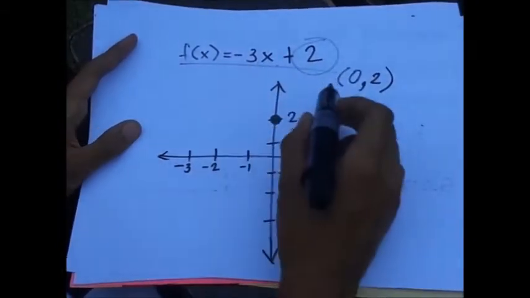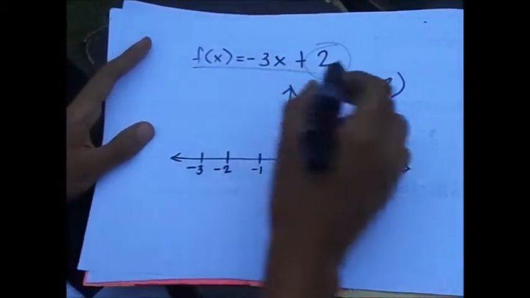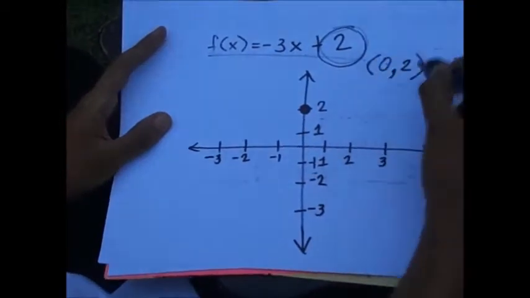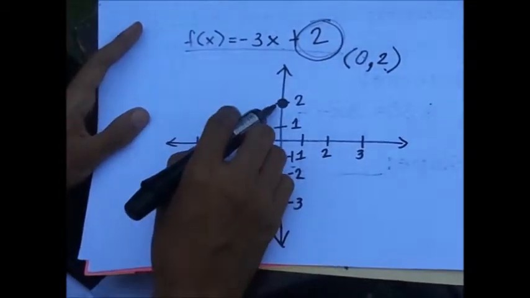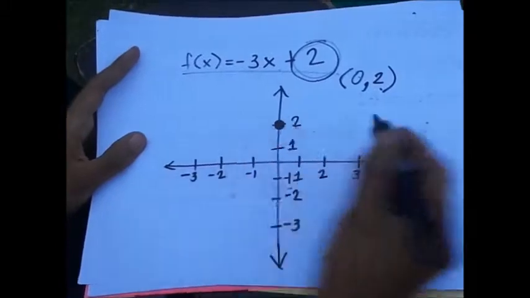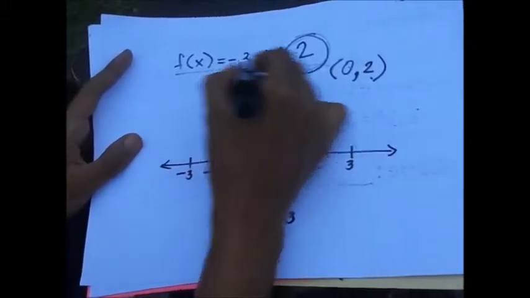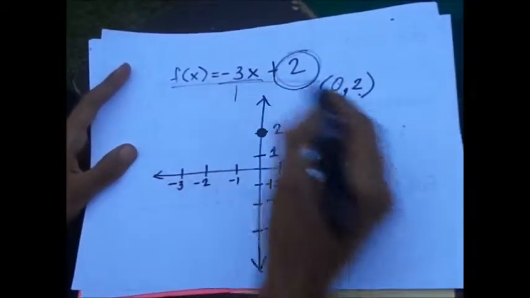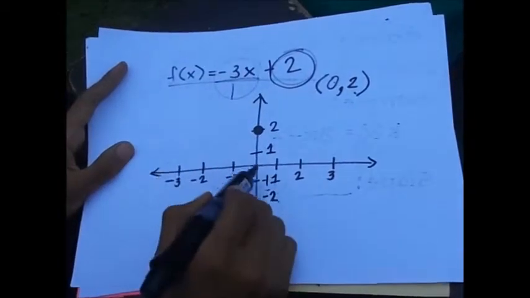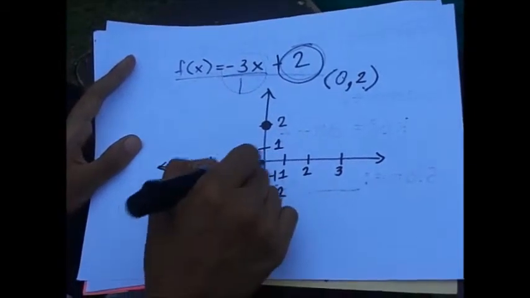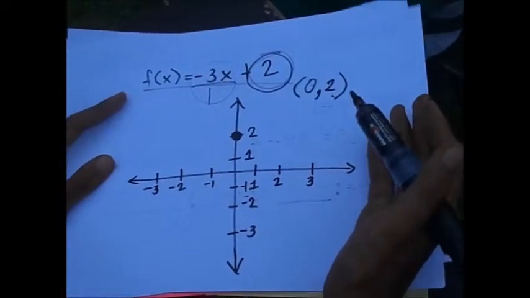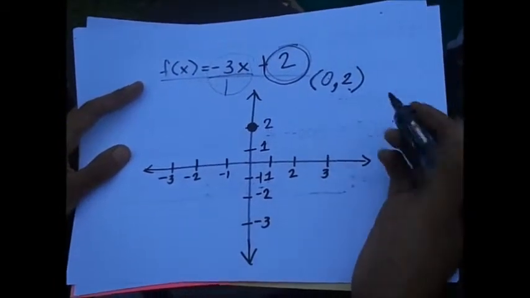With the given function, we can now graph it. With this y-intercept with an ordered pair of 0, 2, we now have the first point here. Then with the slope negative 3 with its run 1, we can now identify the next point to make the graph of a linear function, a straight line.